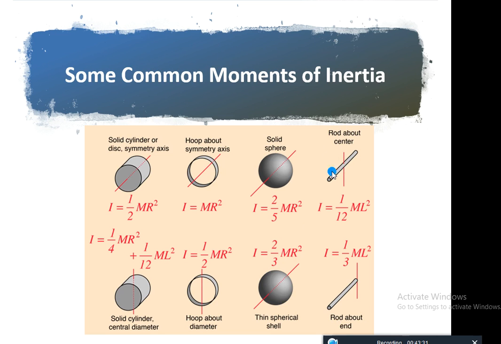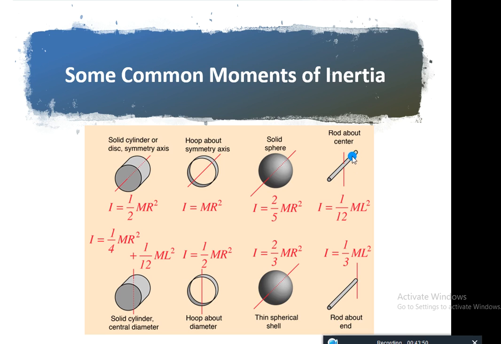And this is about the rod. This is the concept we will be using in our numericals. For a rod about the central axis we have I equal to 1 by 12 ml square, and for a rod about the end we have I equal to 1 over 3 ml square.